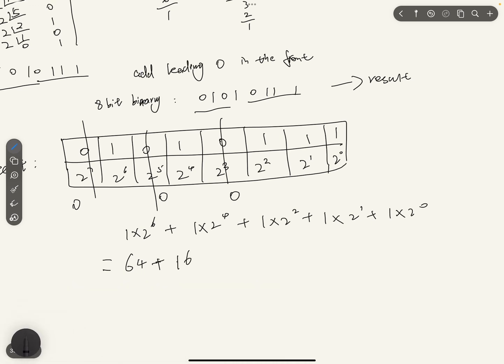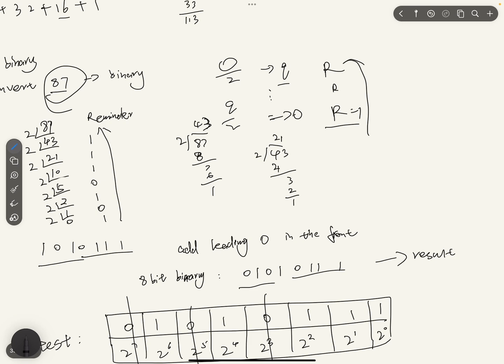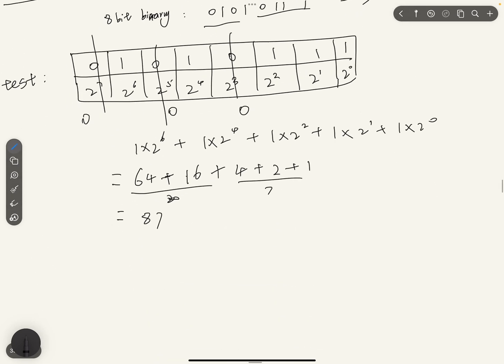So that would be 64 plus 16 plus 4 plus 2 plus 1. That will give us 80, 87, that will be 87. So that will be our decimal number here. So they match.